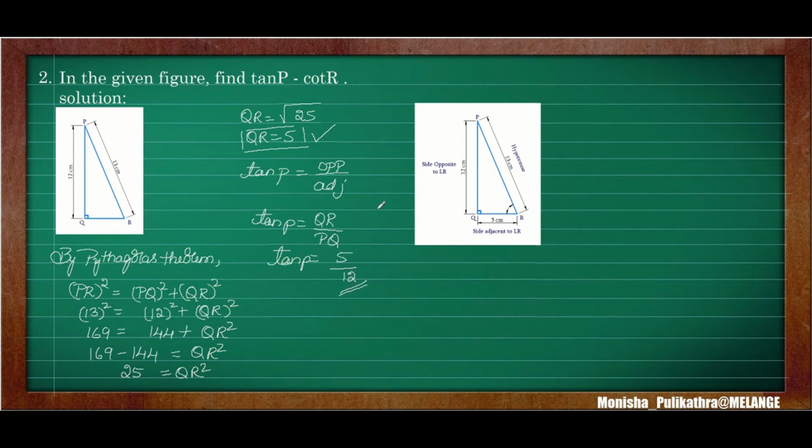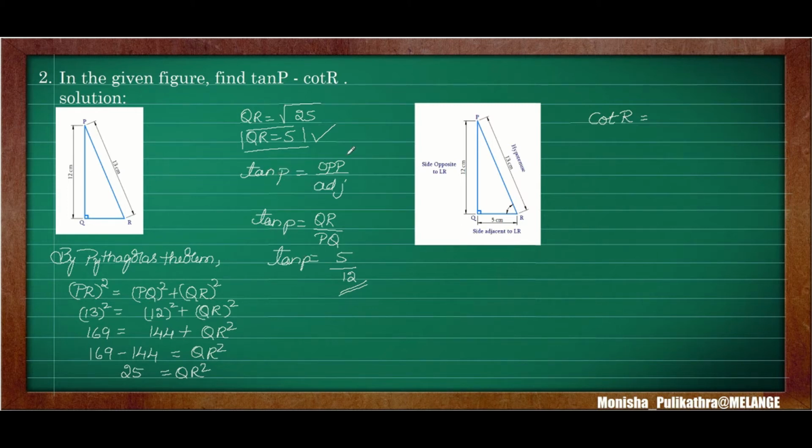Since we already know the QR value, here cot R we need to find out. So cot R. So here, since the angle is at R, here R will become the angle of theta. So the side opposite to this angle, or the theta angle, will be opposite side. Okay. So cot R is given by, cot is reciprocal of tan.